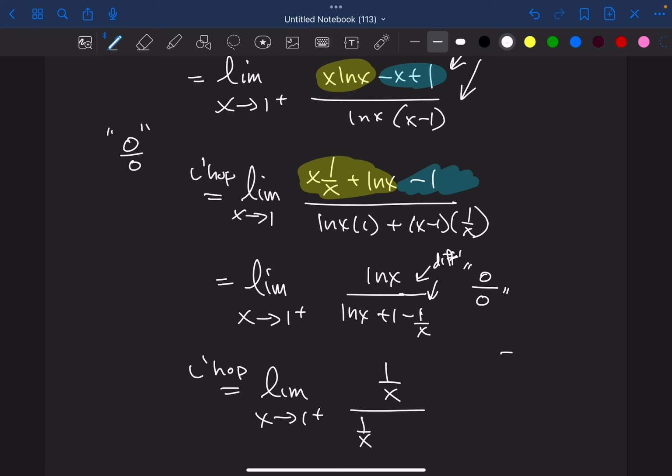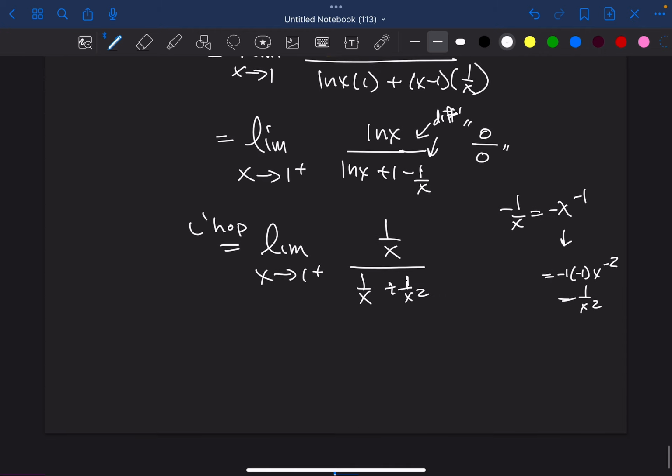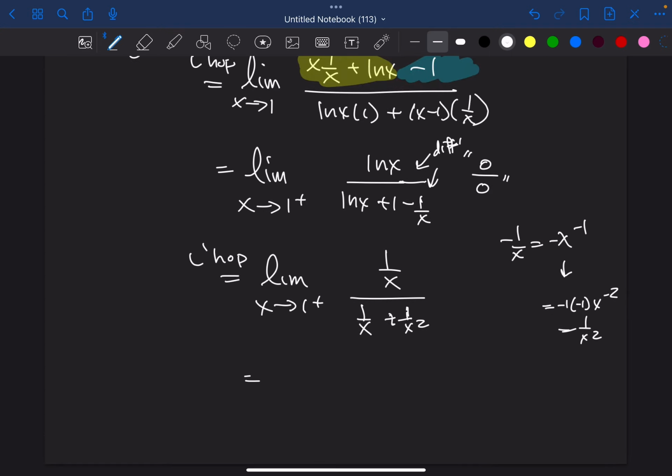But you know that this is just equal to that, so when you take its derivative, you get this times the negative 1, x to the negative second. So you get 1 over x squared, so this is plus 1 over x squared. Now when you let x go to 1, you get 1 over 1 plus 1, which is a half.